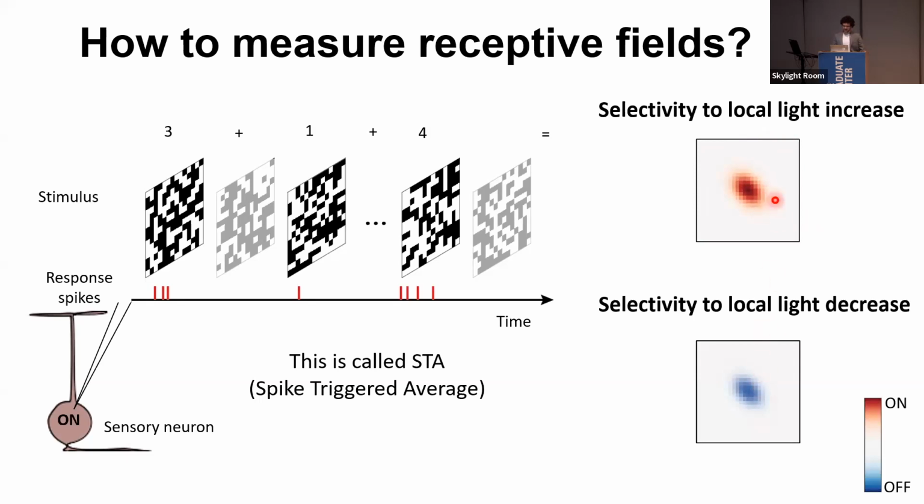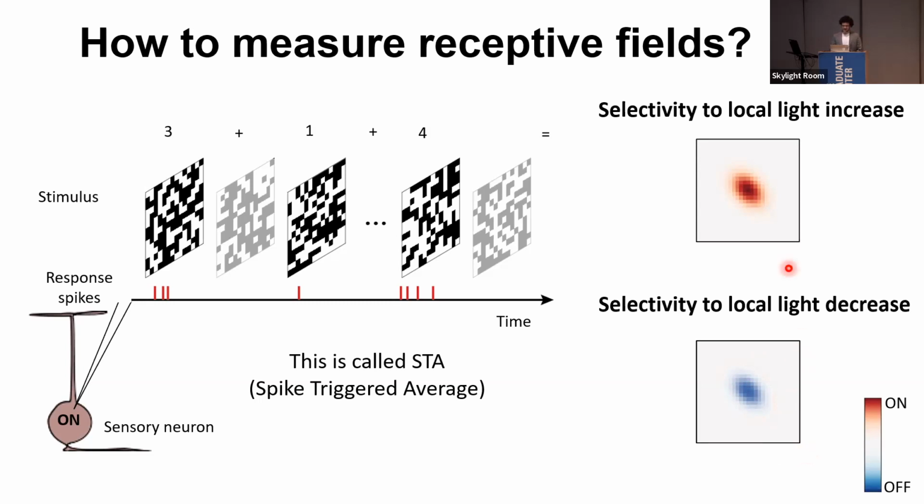Then the polarity of the field tells us whether this neuron increases its response when we increase the light inside its receptive field, that is, when luminance increases, or when we decrease the luminance. So for the on, the neuron will increase the firing at an increase of luminance, while for the off, it will increase the firing for a decrease of luminance.